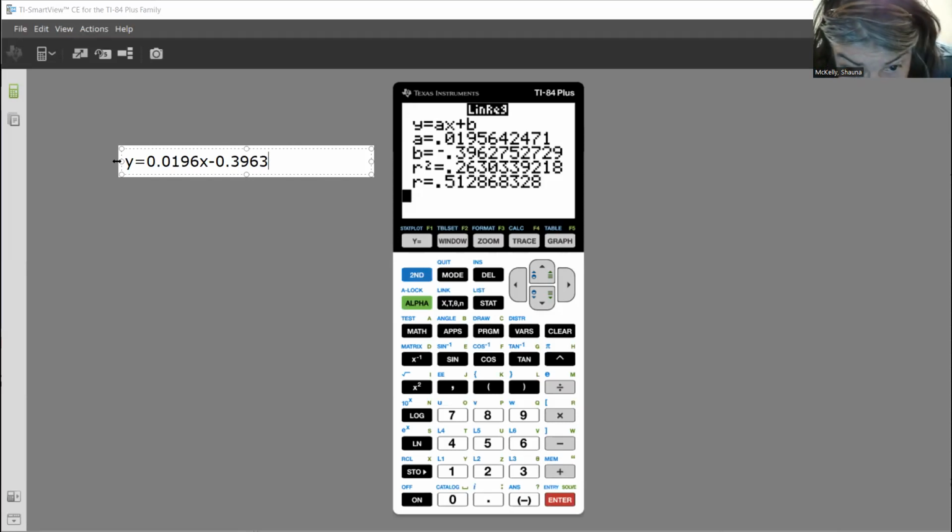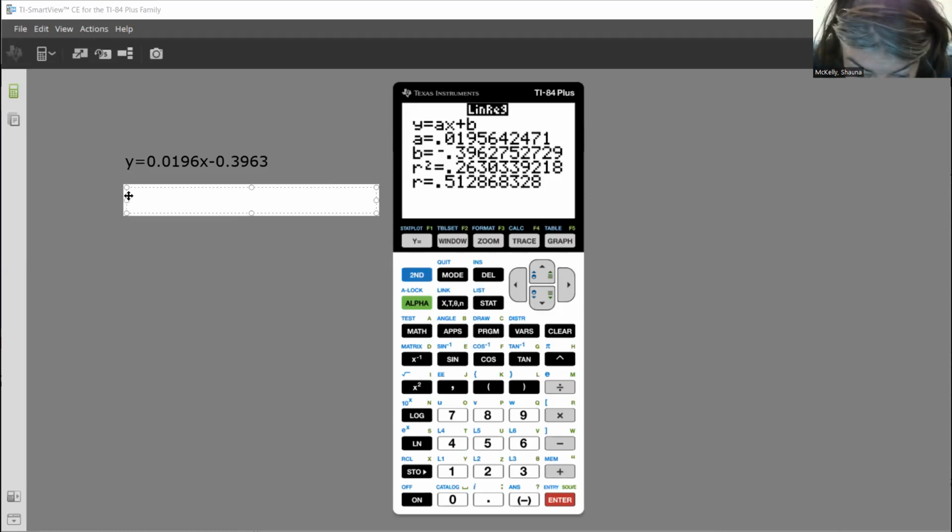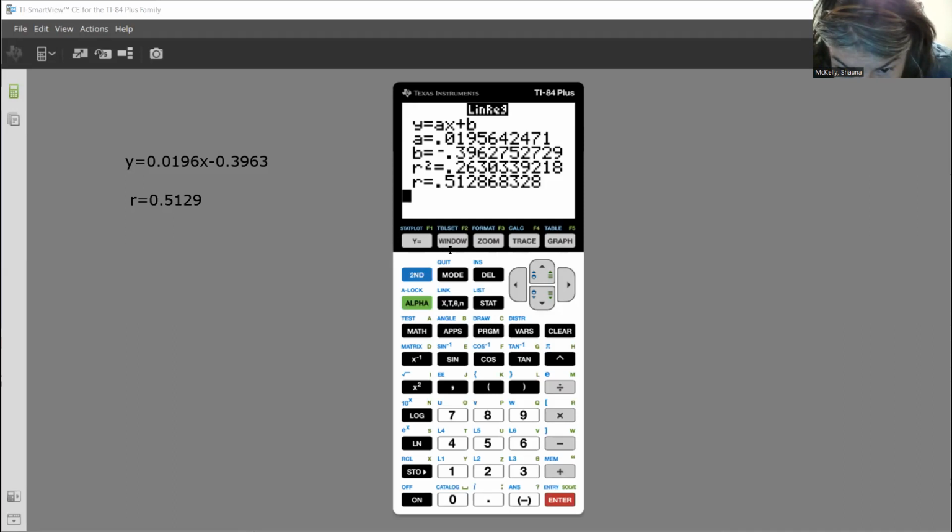Okay. This is my regression equation, 0.3963. My correlation coefficient R is only 0.5129, which is not a very strong correlation, despite the fact that these points, let me go back and show you.